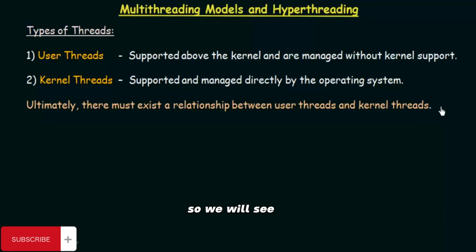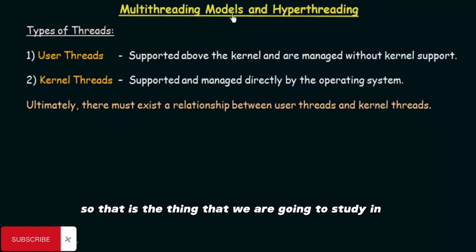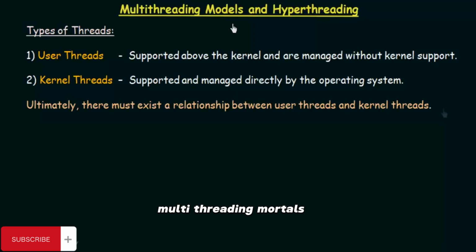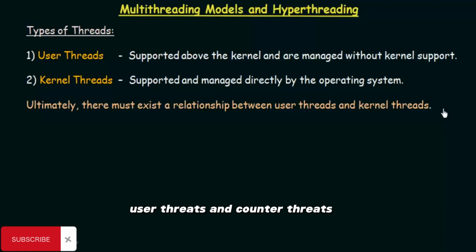We will see how we can establish this relationship. That is what we are going to study in multi-threading models. Multi-threading models are nothing but the types of relationships that can exist between user threads and kernel threads.